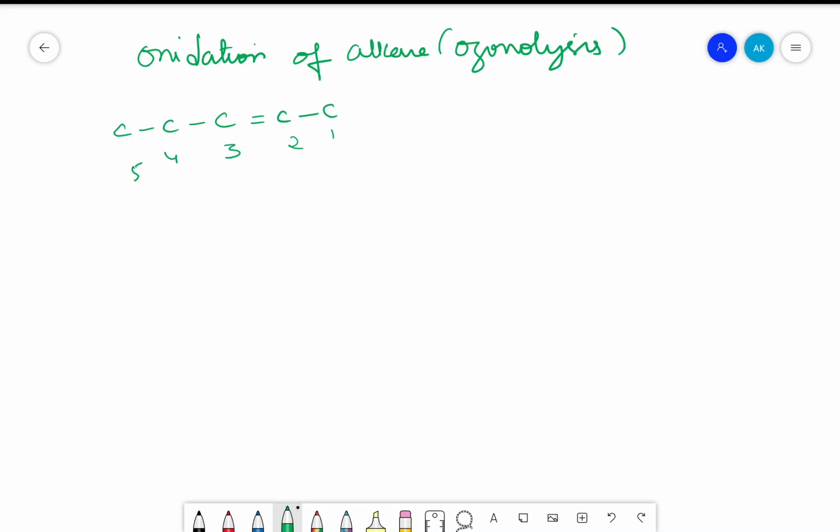You just refer to that video of ours and the notes we have given for ozonolysis of alkene. The only thing to remember is that we treat our alkene with ozone and later with zinc and water.